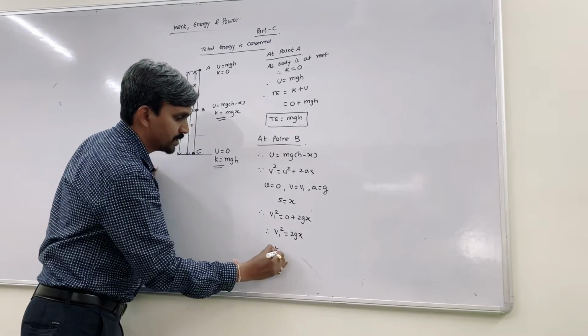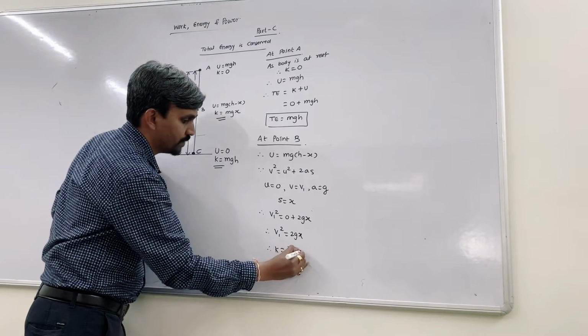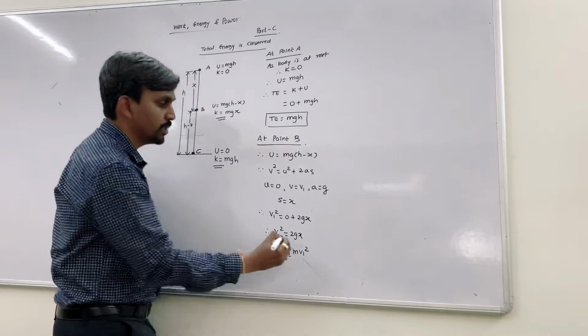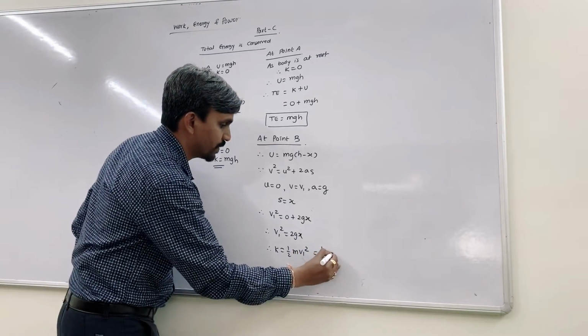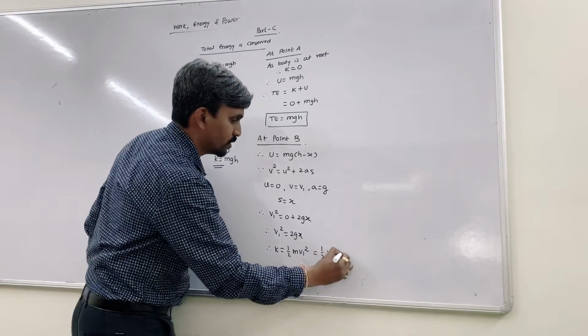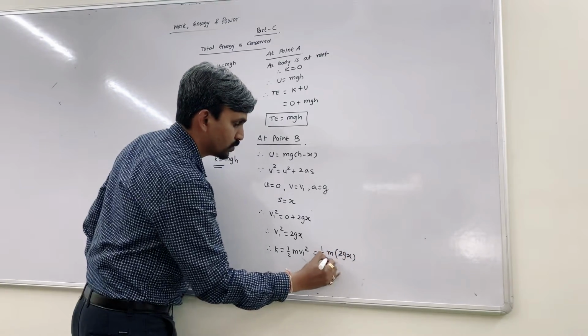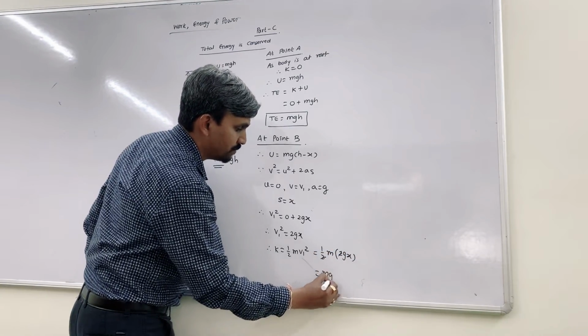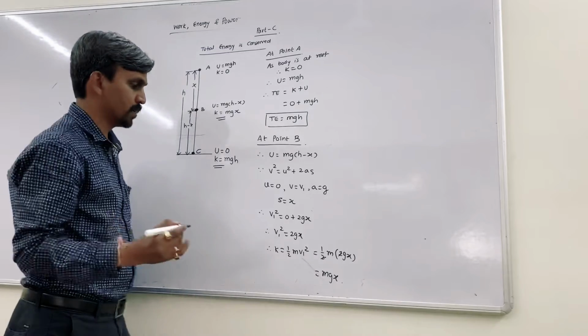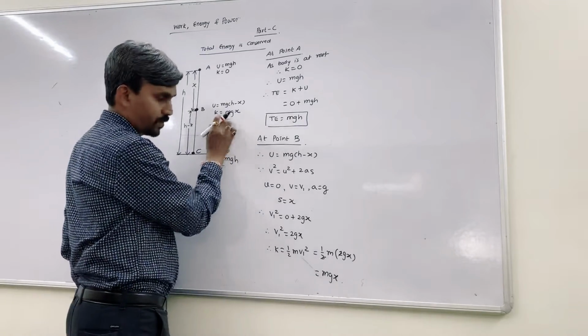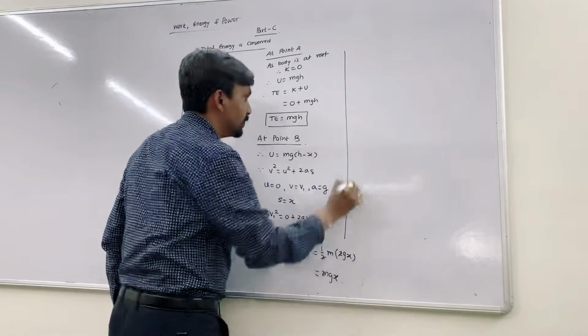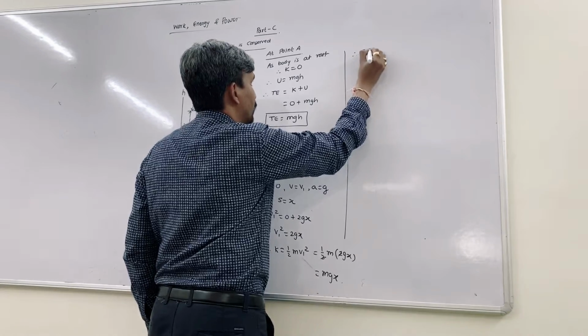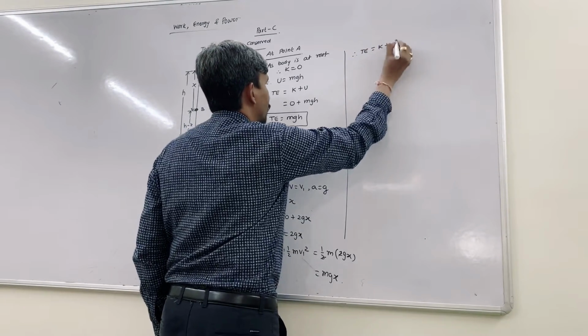So kinetic energy K is half m v1 square, which is half m times v1 square, and v1 square is nothing but 2gx. So this 2 cancels. This is only mgx, right? Now what is total energy? It is equal to kinetic plus potential.